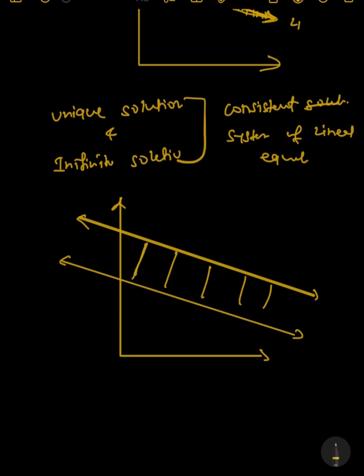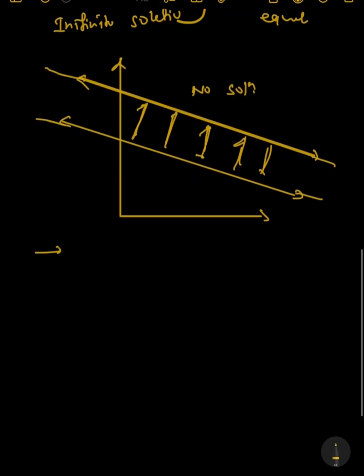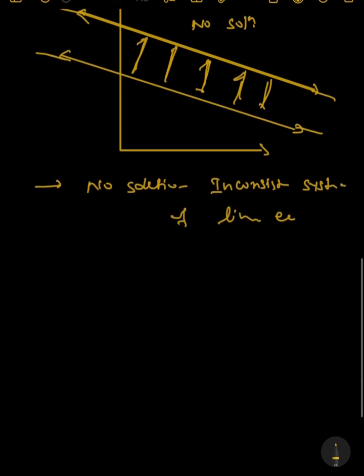The perpendicular distance between these two lines is always constant, so nowhere in space do these two lines meet one another. So here there is no solution, and no solution means inconsistent, so this will come under the inconsistent system of linear equations. Okay, fine.